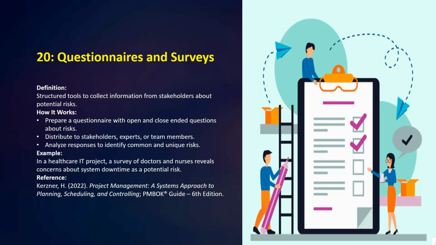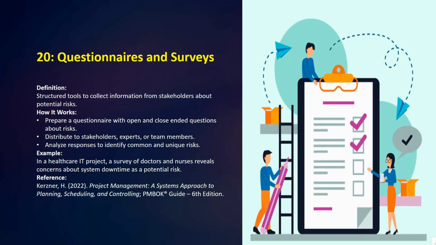So first, we will design a set of questions about the potential risk and send it to our stakeholders. The questions can be open-ended, for example, what are your biggest concerns? Or you can use multiple choice. With multiple choices, we can also add in questionnaires.